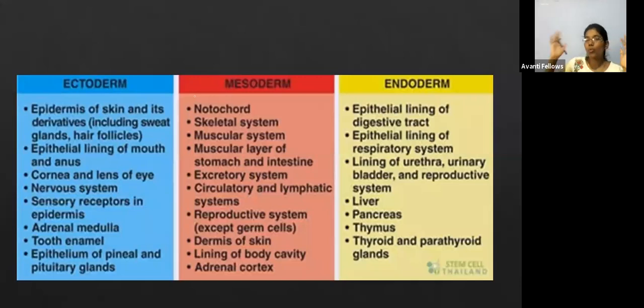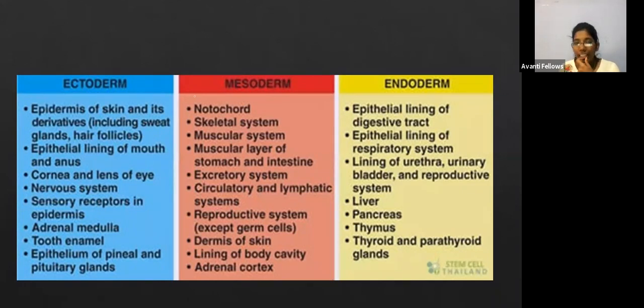We know ectoderm is the outer layer, endoderm is the inner layer, mesoderm is the middle layer, right? So all the outer parts are going to be formed by the ectoderm. Our skin is made up of many layers, and epidermis is the outer layer. So the epidermis of the skin and its derivatives like glands and hair follicles are all formed by the ectoderm.